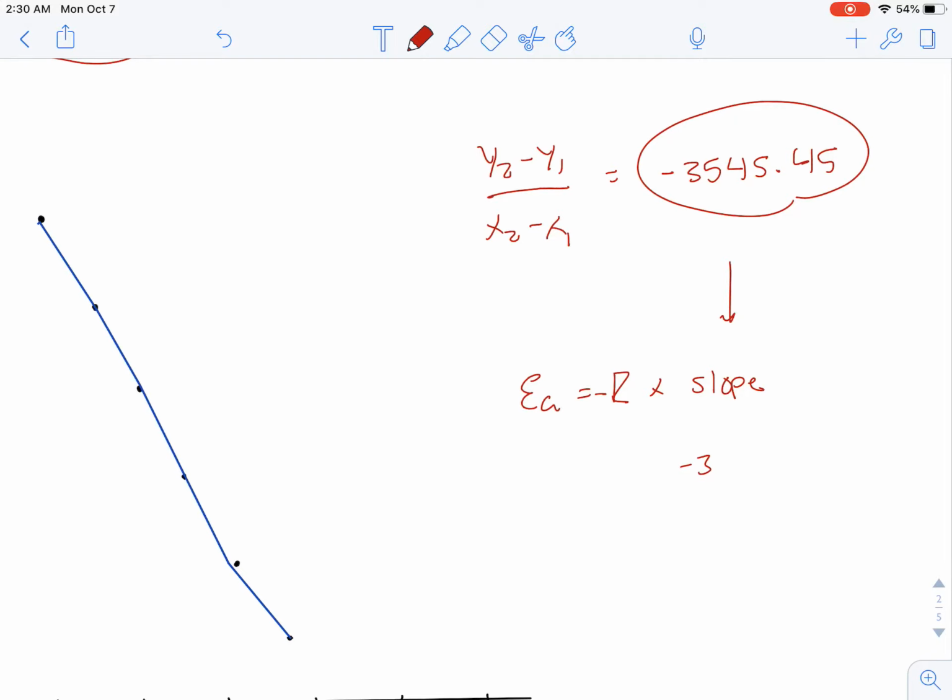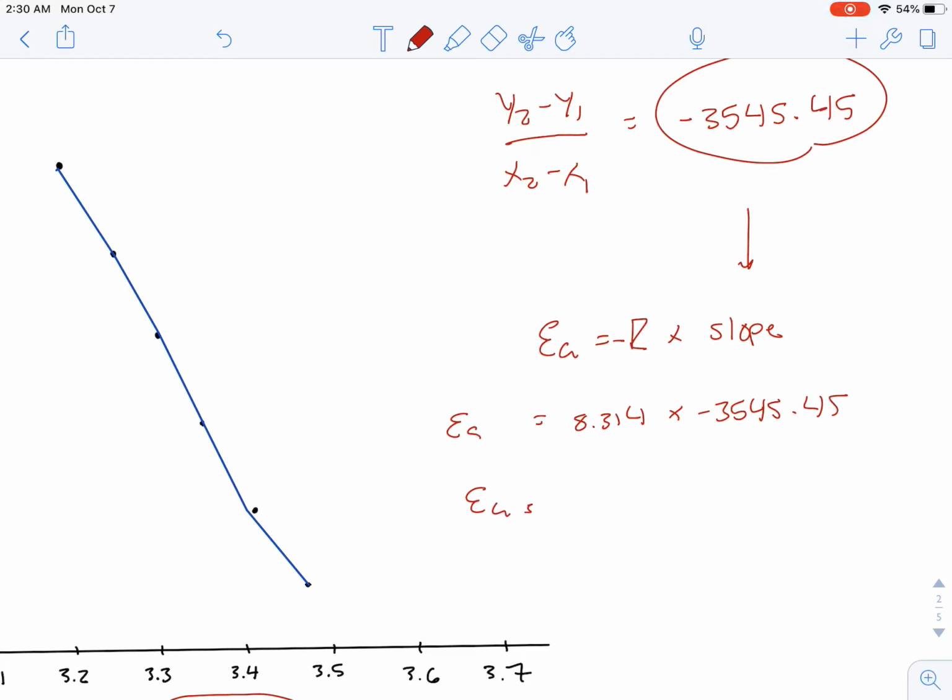And don't forget the negative because your activation energy is going to be positive most likely. And so our ideal gas constant is 8.314. And that's going to get us our activation energy. So we're just going to multiply that in our calculator. And our activation energy is equal to 29476 joules. Joules per mole, excuse me.